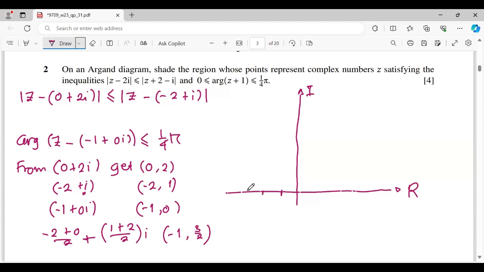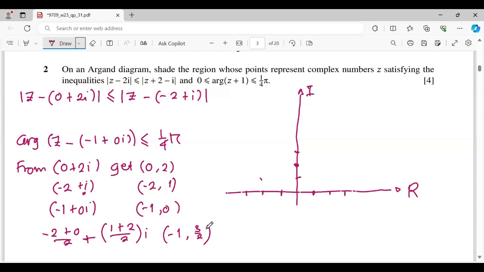On the axes, minus 1, minus 2, minus 3, 1, 2, 3. Firstly, the point 0, 2 goes here.